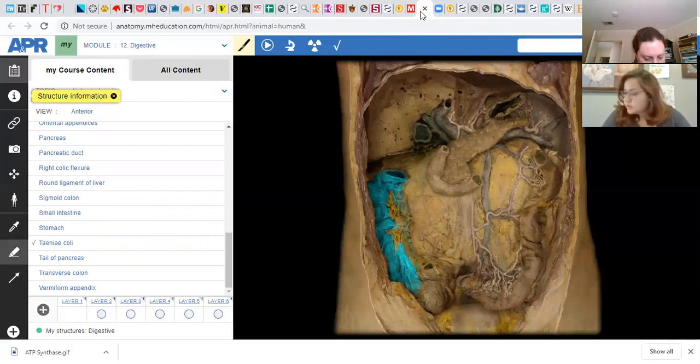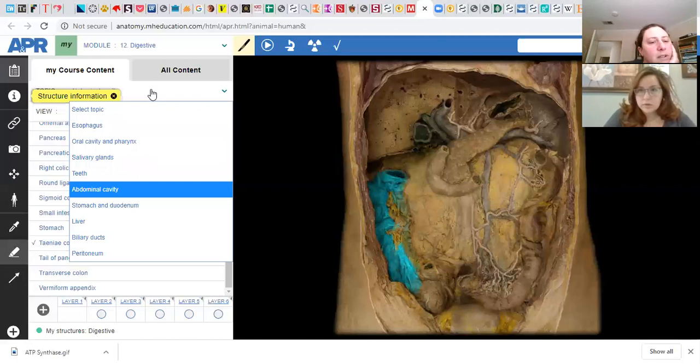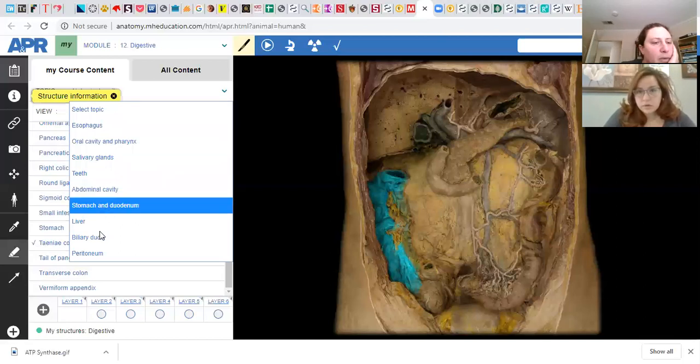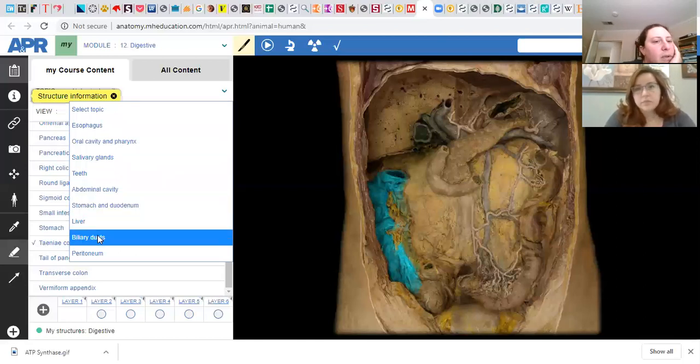And then the accessory pancreatic duct. I found the pancreatic duct, but not, I don't know exactly. Oh, the accessory. I was pretty sure that I saw it, but now I can't remember if it was actually labeled.